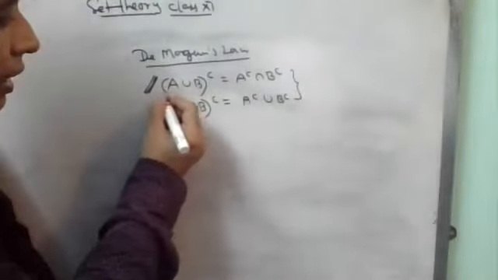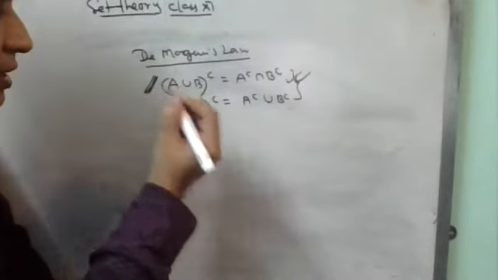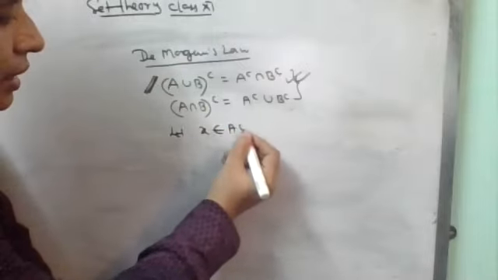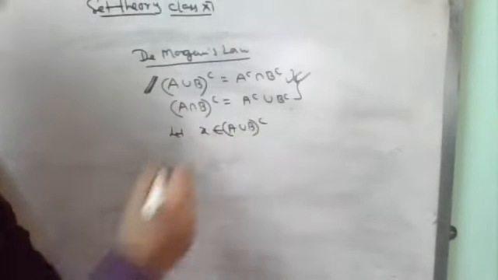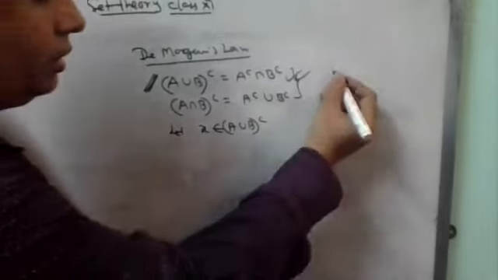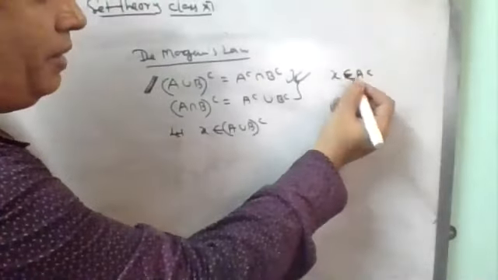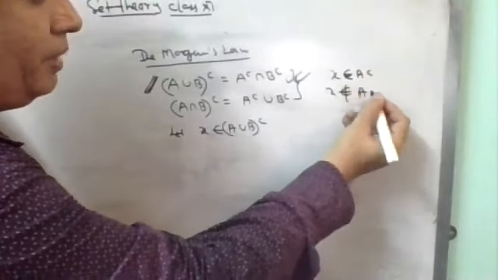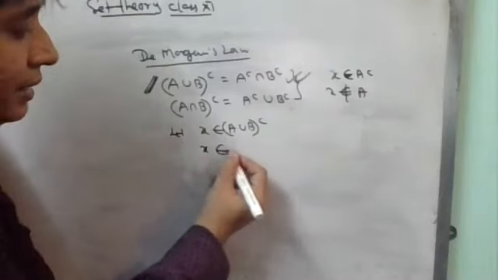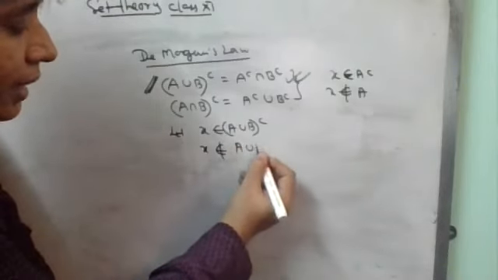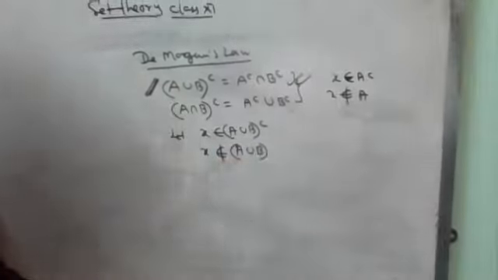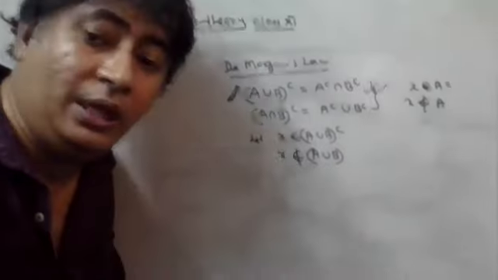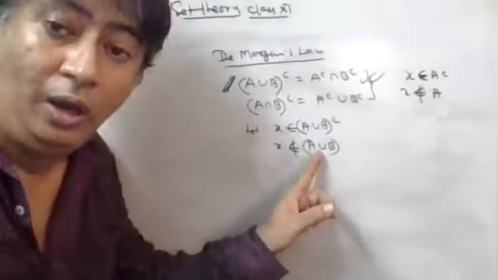Now if I want to establish this part, I am letting, like the previous procedure, you are quite familiar, X belong to (A union B) whole complement. What does it mean? You are taught X belongs to A complement means X does not belong to A. So I can write X does not belong to A union B. So by the definition of union, we should write OR.